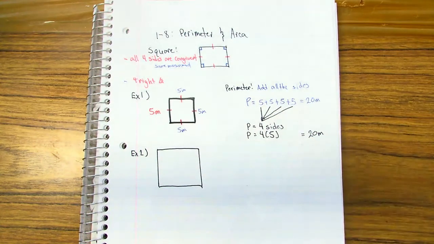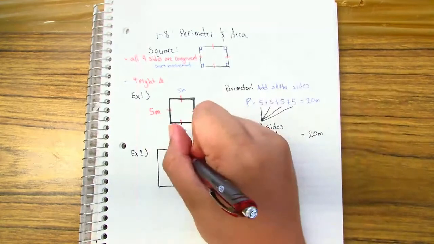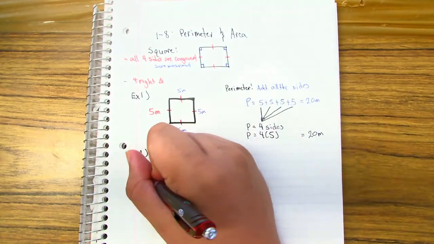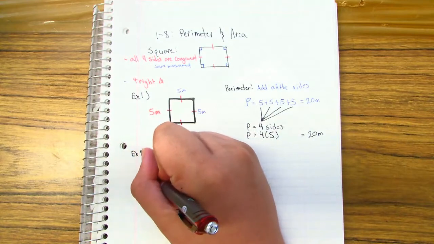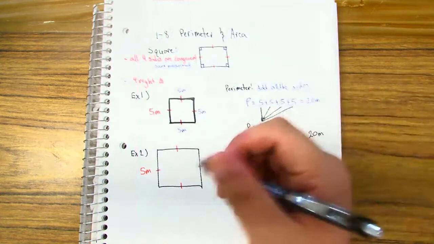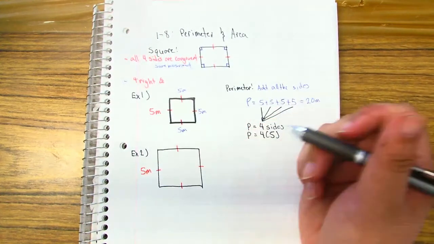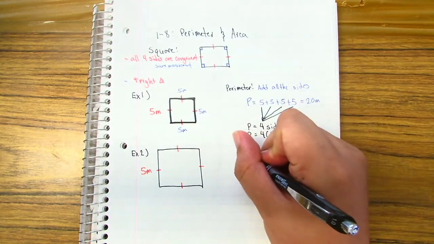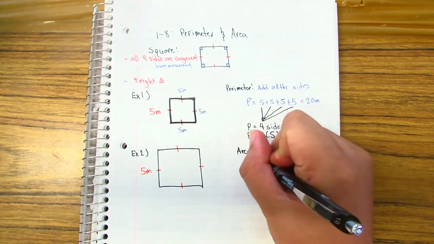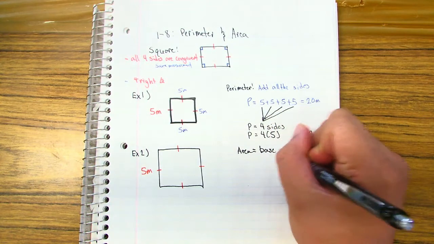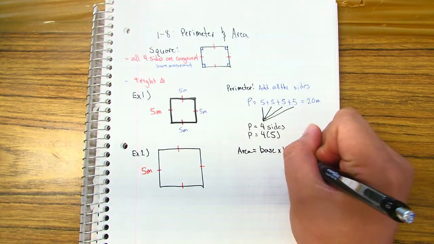We're still going to be using the same value, which is 5 meters. Okay. So to find the area, we're going to be using the formula of area equals base times height.